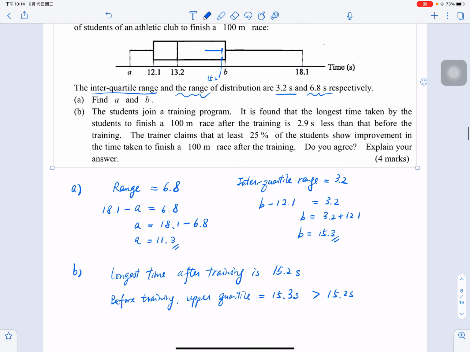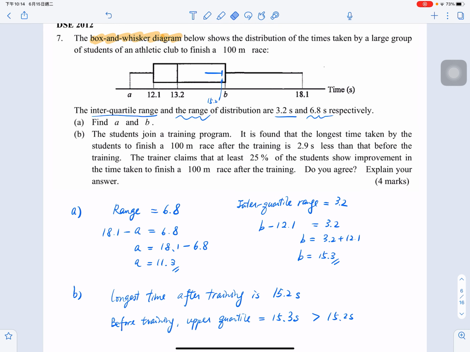Okay, what happened now? Do you remember what the percentage of each part of this four-part division is? Yeah, 25%, 25%, 25%, and 25%.